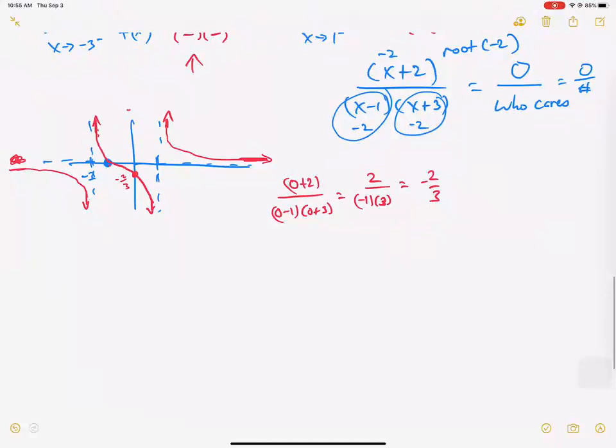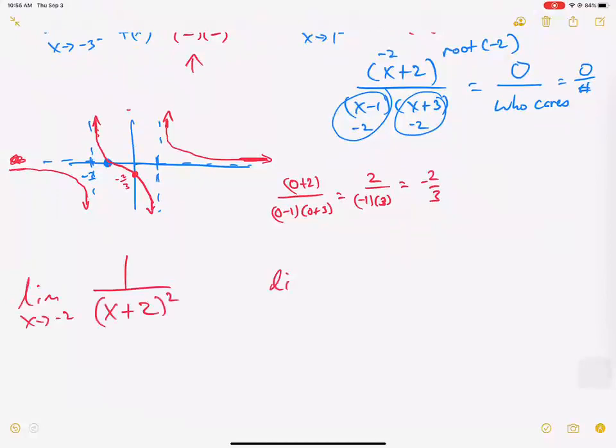Now, I'm going to give you one more tricky one. And this one looks like this. 1 over (x plus 2) squared, and the limit as x goes to negative 2. Okay, I'm going to square that denominator.